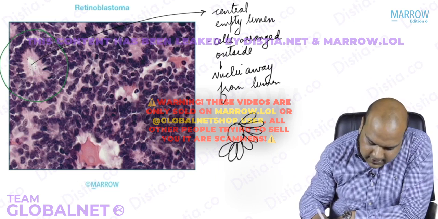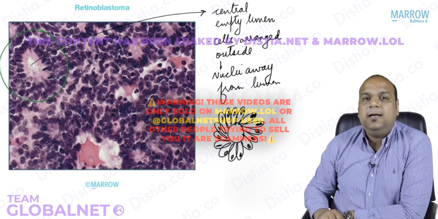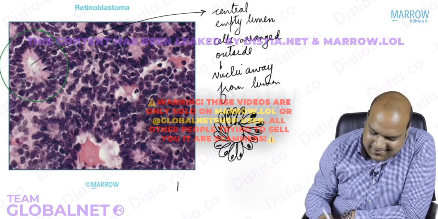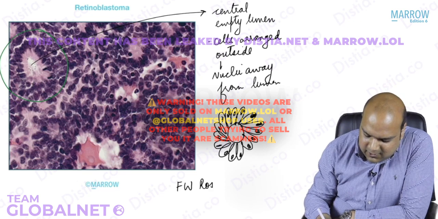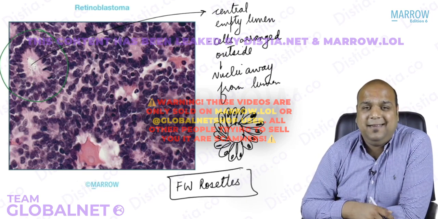I hope you can understand, a collection of flowers, or a flower. Yes, and the nuclei are located away from the lumen. So roughly this is how Flexner-Wintersteiner rosettes look like. True rosettes, everybody. Yes or no? I hope we are clear.